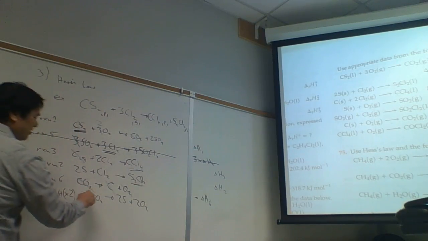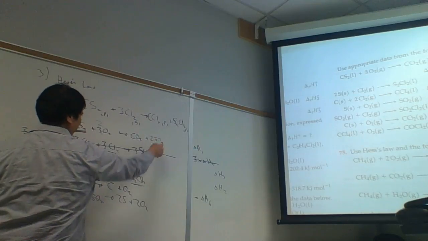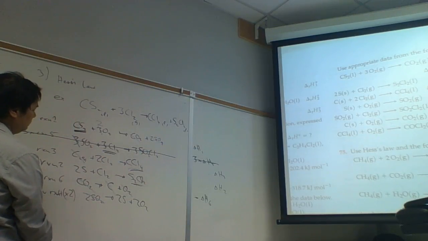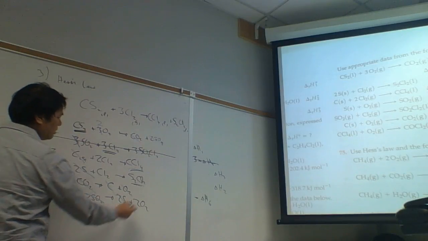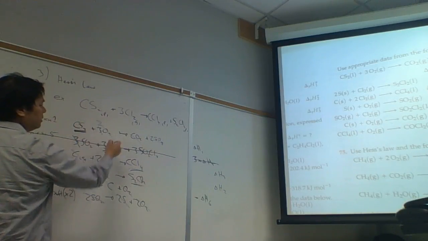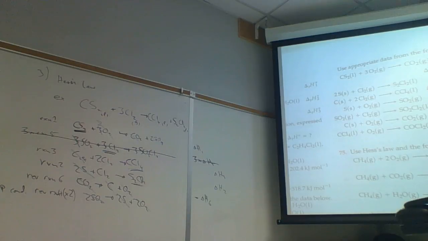Now that gets rid of the 2 SO2s, that's good. Oh, it also gets rid of the 2 S's, that's good. And it also gets rid of the 2 O2s. And we're left with what we need, what we want.